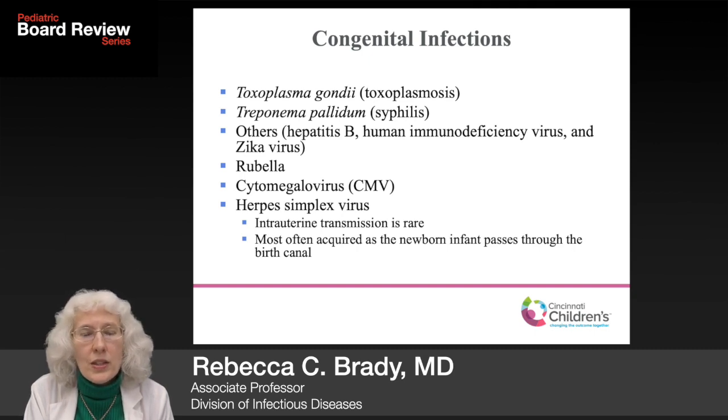O is others, and there's a very large group of those, including hepatitis B, human immunodeficiency virus, and Zika virus. R is Rubella, C is Cytomegalovirus, and H is herpes simplex virus. With herpes simplex virus, though, intrauterine or congenital transmission is rare. It's most often acquired as the newborn infant passes through the birth canal, so it's usually really a perinatal infection.